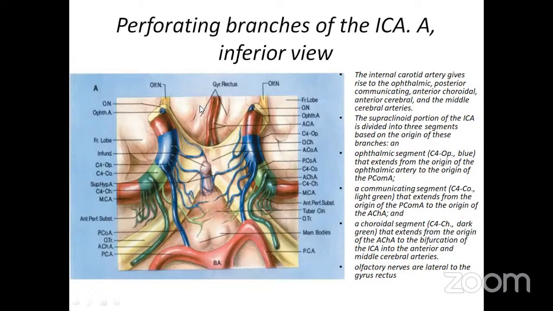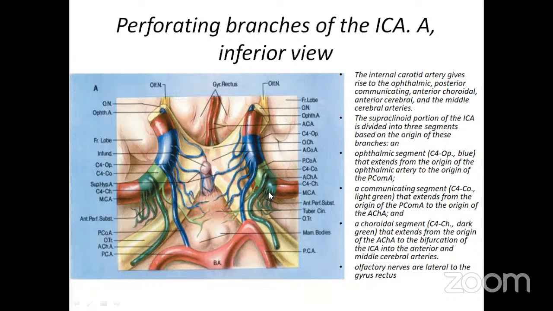On the lateral aspect of the gyrus rectus are the olfactory nerves, and as this is the inferior view, this is the optic chiasm. Anterior to the optic chiasm are the optic nerves, and behind are the optic tracts. Above the optic chiasm is the anterior cerebral artery. Bilaterally, these are the supraclinoid segments of the internal carotid artery.